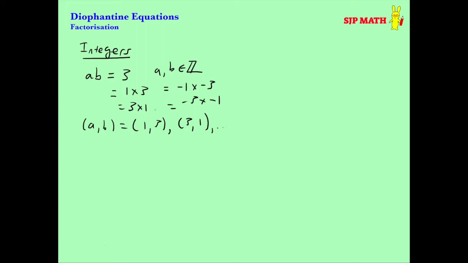I'll just write it out, because when you look back at this again, you're going to think there are infinitely many cases, which is not correct. These are the only possible solutions.